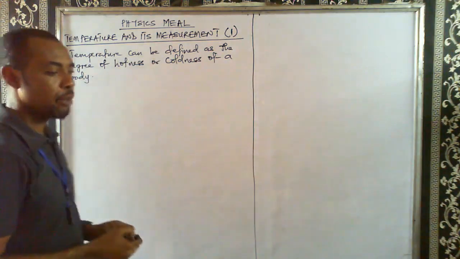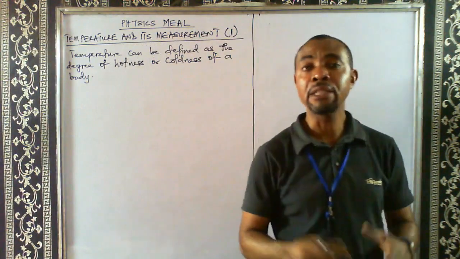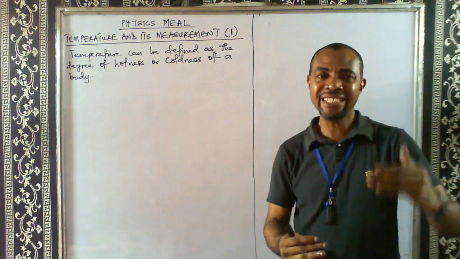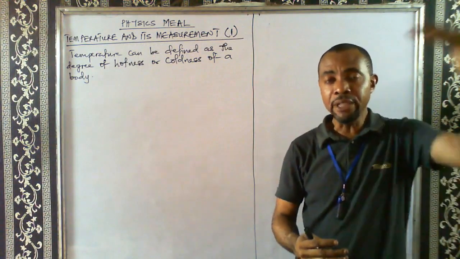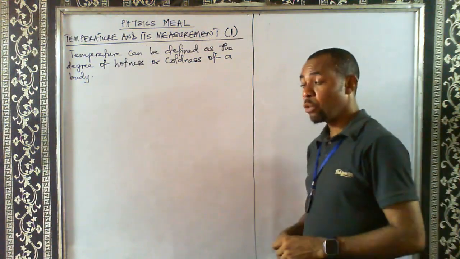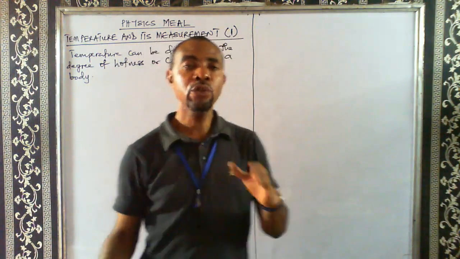So how hot a body is or how cold a body is is what we mean by the temperature of the body. How hot a body is, that's the extent of hotness, the degree of hotness of a body, or the degree of coldness of a body. That's what we mean by temperature. We can also define temperature.